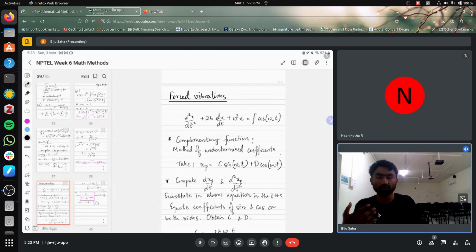So let us come to a case where there is some driving force present. The driving force essentially drives the motion. So that occurs in this right hand side. It is with a plus sign because it helps in driving the motion, unlike these two terms.